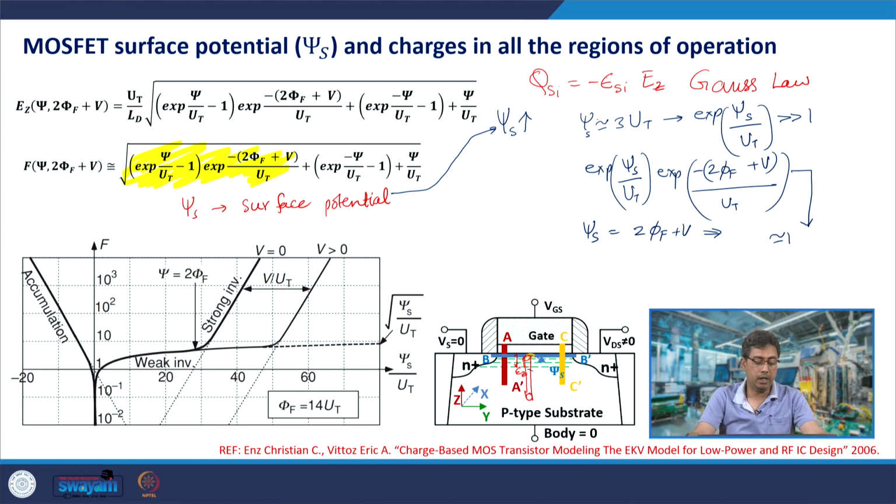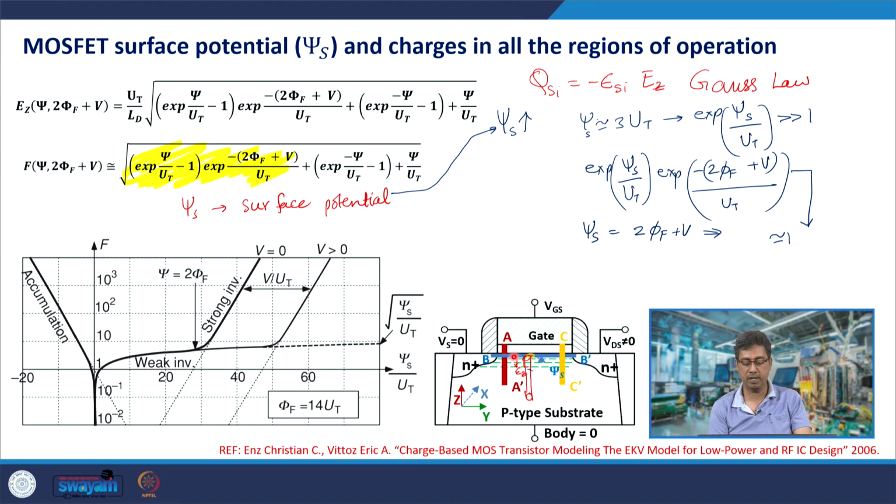Beyond this, when you increase the value of chi s further, the first term starts increasing exponentially. The third term increases linearly, while the first term increases exponentially from a value of 1. The first term has gained a value of 1 when chi s is equal to 2 phi f plus v.